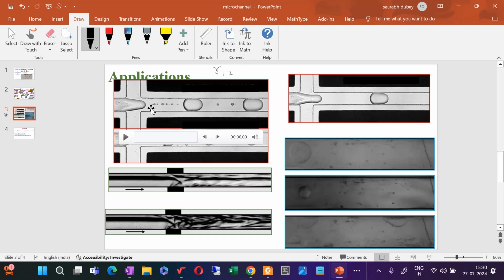There will be different forces. For example, the viscosity, the inertial influence, the surface influence in terms of surface tension, and there will be contrast in density also.